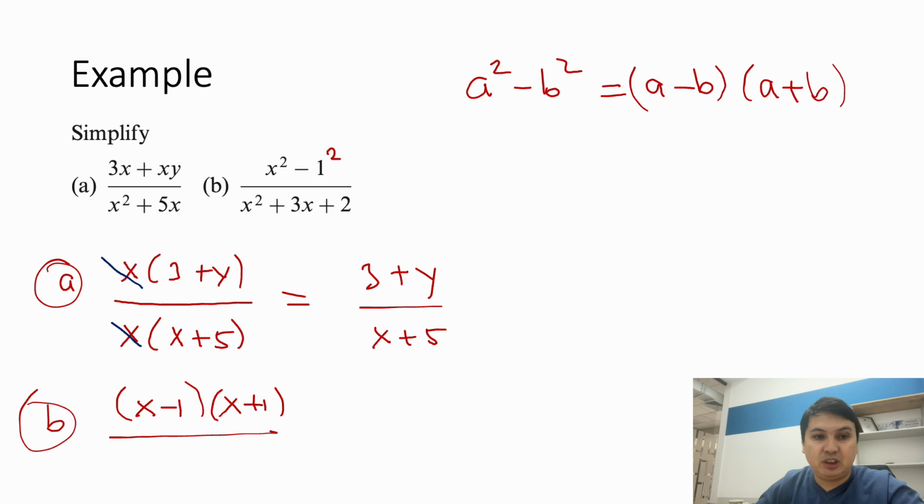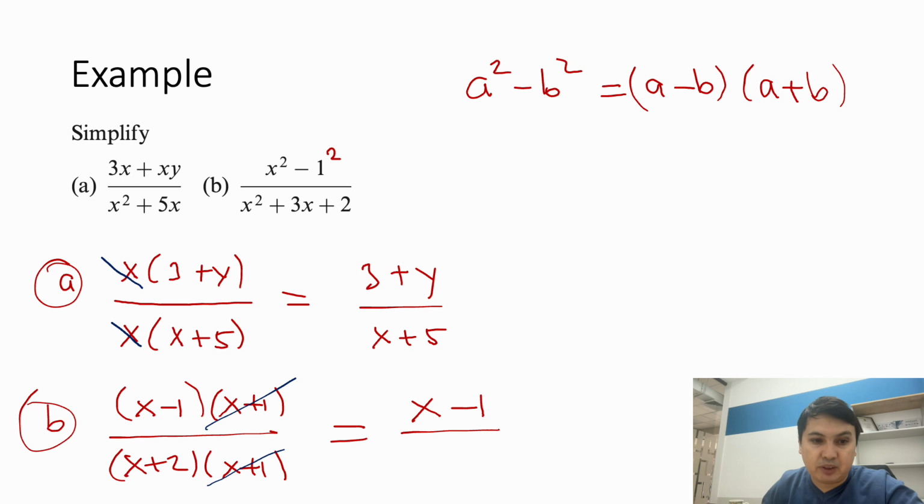How about the denominator? We already did it, we know that it's x plus 2 times x plus 1. So now we see that x plus 1 is common to both numerator and denominator, so we can cancel it out. At the top we have x minus 1, at the bottom we have x plus 2.